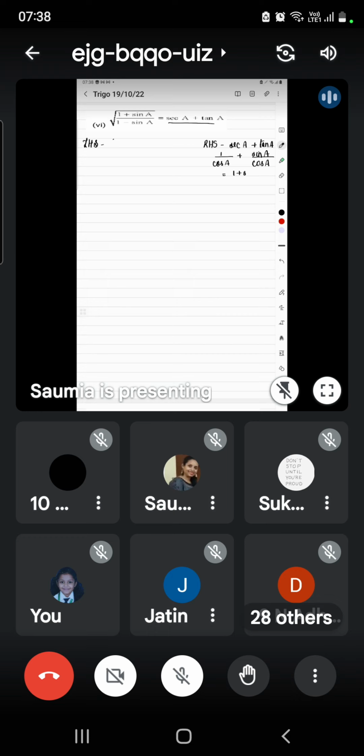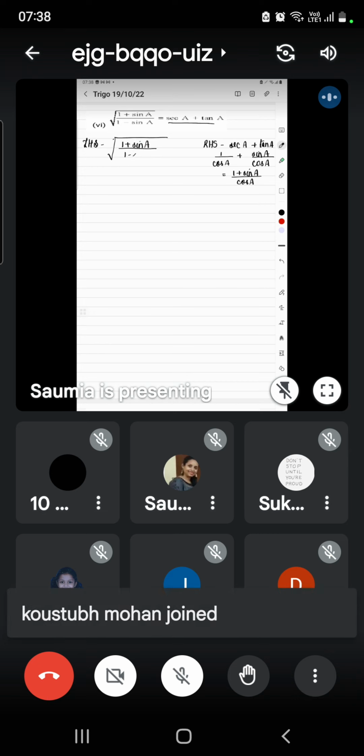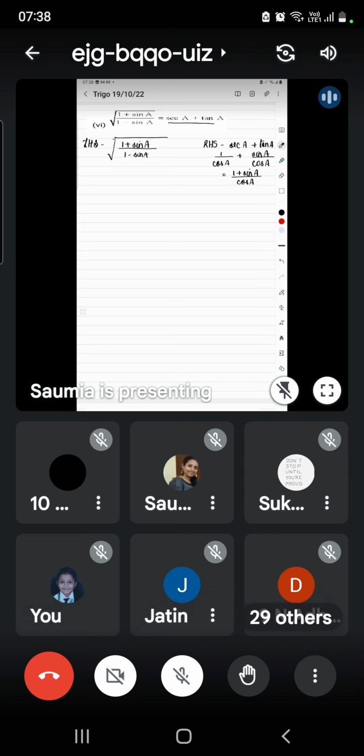Here I have 1 plus sin A in the numerator, and in the denominator I have cos A. Whereas in my LHS, I have this. Already 1 plus sin A is present. Denominator should change to cos A.